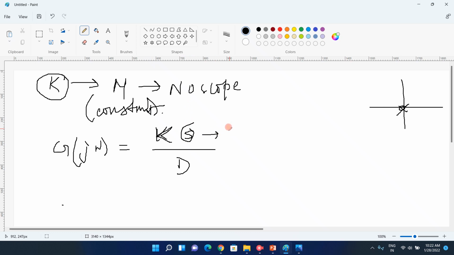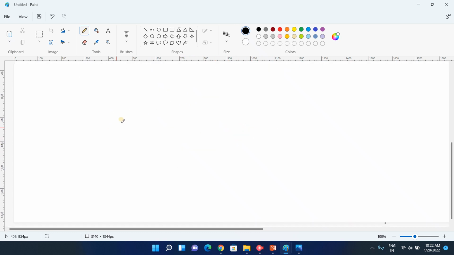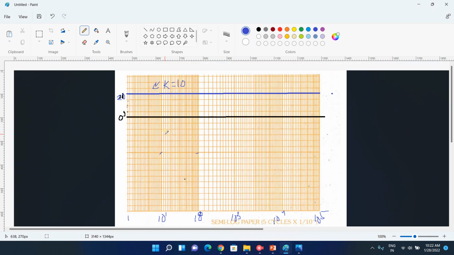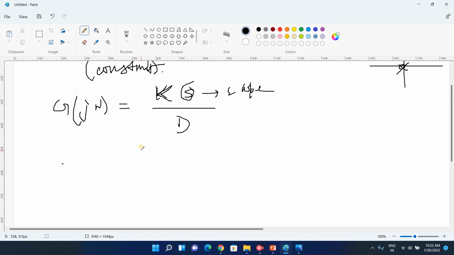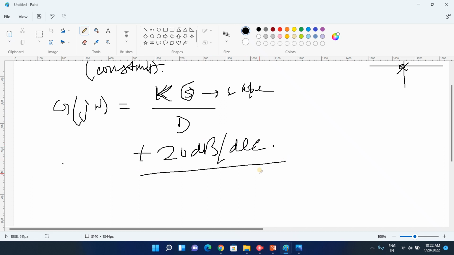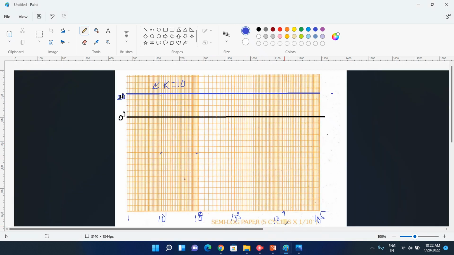A zero at the origin also has a particular slope. What is that slope? If you take this semi-log paper, it will have a slope of plus 20 decibel per decade.